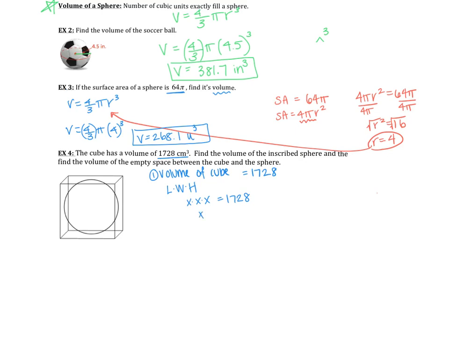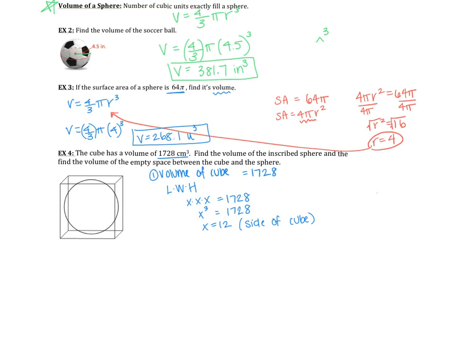In other words, x cubed, or side cubed, is equal to 1728. So if we take the cube root, on your calculator you can take the cube root. On graphing calculators you're going to hit math, and then the fourth option gives you the cube root. So if we do the cube root of 1728, we get that x equals 12. So that's the side of our cube. All the sides are 12 units.